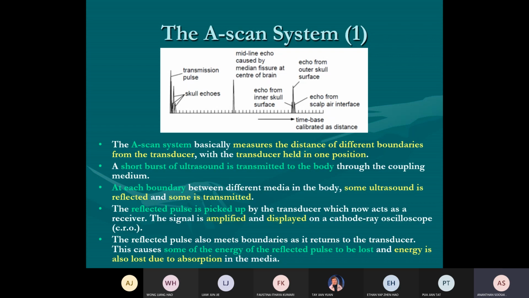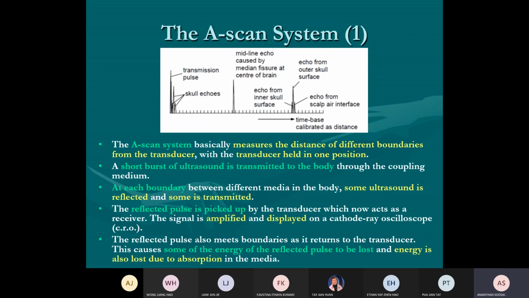The reflections are amplified and displayed. How deep it is depends on the time interval after transmission. The longer the time, the deeper the layer. There is some energy loss due to absorption as usual. So that's A scan, 1D.